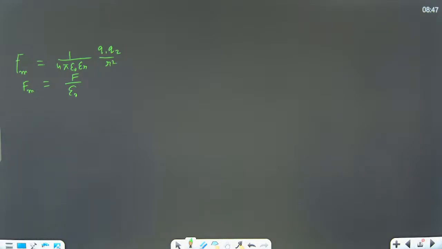So if the medium is water, and two charges are kept in water, then the net force between these two charges will be reduced by 1 by 81. It will become 1/81th part of the original force.